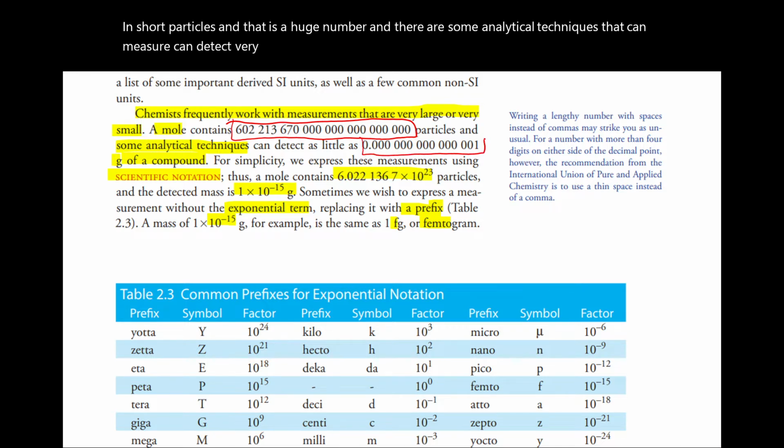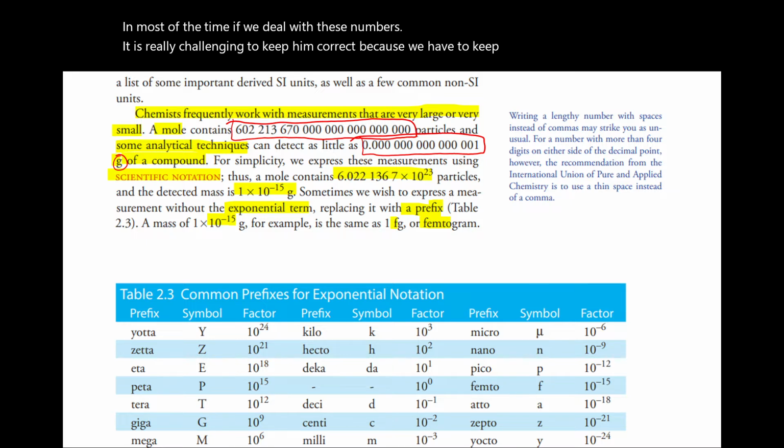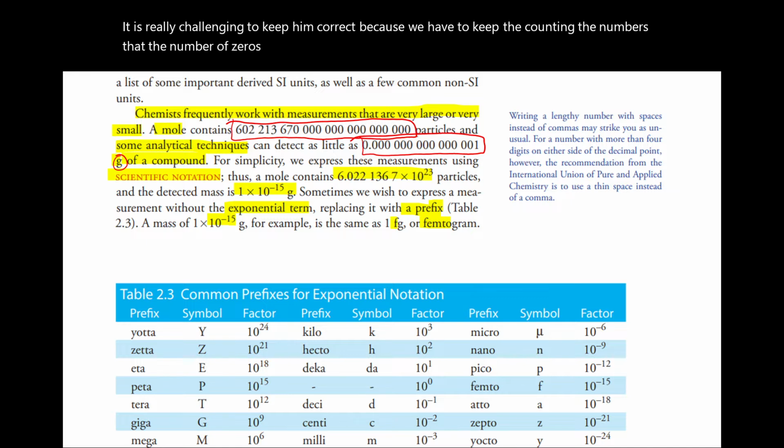For example, that is a really small mass of a compound. Most of the time, if we deal with these numbers, it is really challenging to keep them correct, because we have to keep counting the number of zeros especially. So for simplicity, we express these measurements using scientific notation.